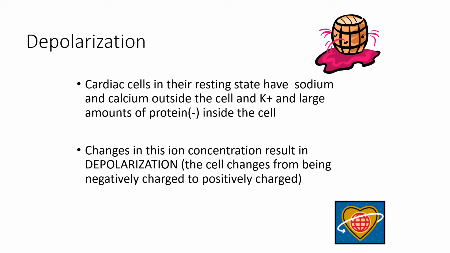Potassium will leave the cell, and when this cell is positively charged, it will tell the cell to mechanically contract. So without electricity or without depolarization, the cell cannot contract. That is depolarization, changing the cell from negatively charged to positively charged.